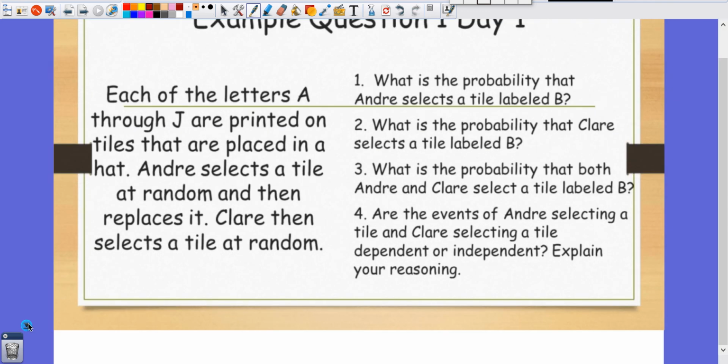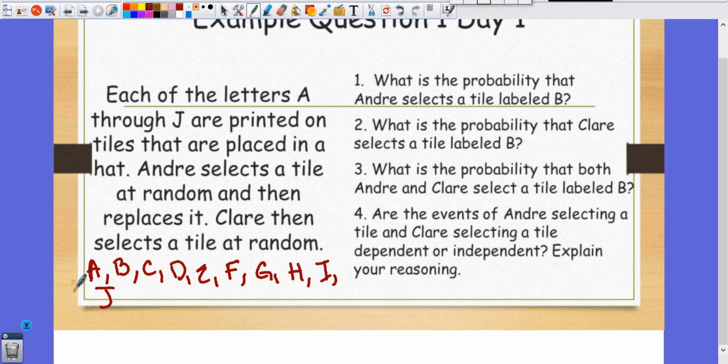Okay, so we're talking about letters A through J. The first thing we need to figure out is how many letters are in here so we can find probability. Because probability means what you want over the total number of outcomes, which is the sample space. So A, B, C, D, E, F, G, H, I, and J. All of these letters, and what's the probability of getting B?